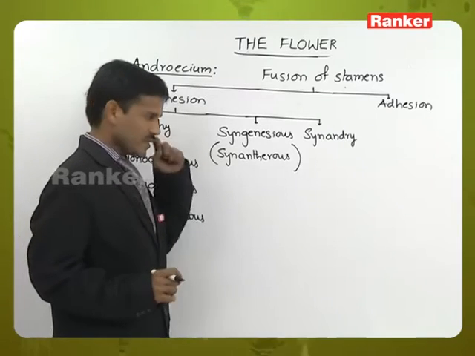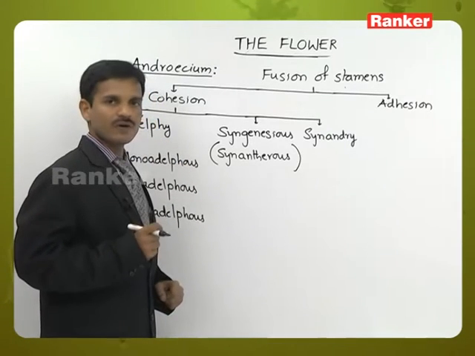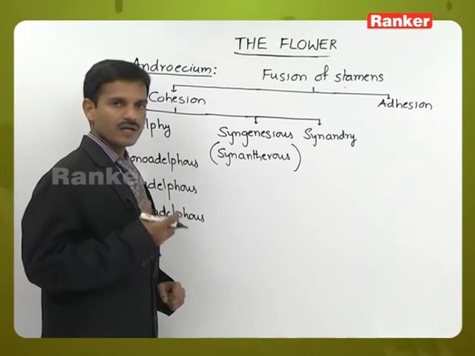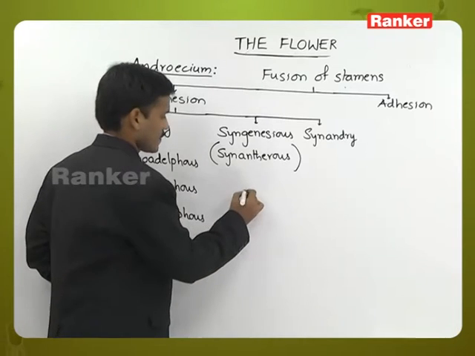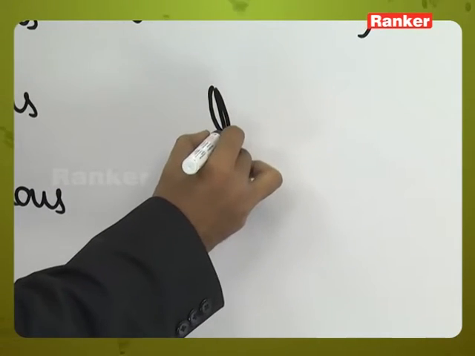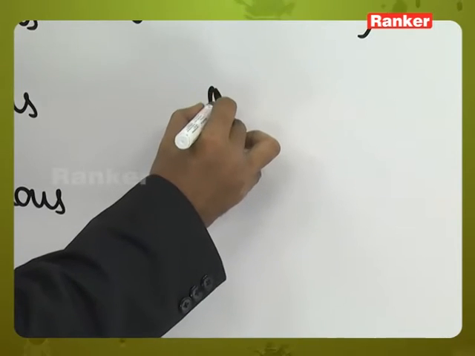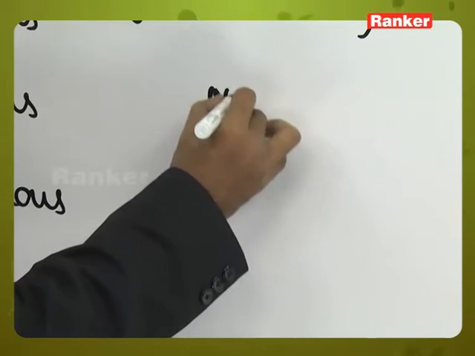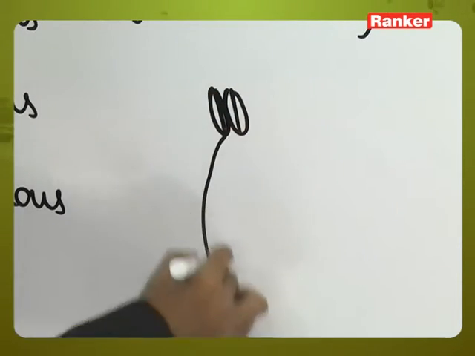Here if one flower has a number of stamens, all the anthers are fused. It is one anther, it is one anther.